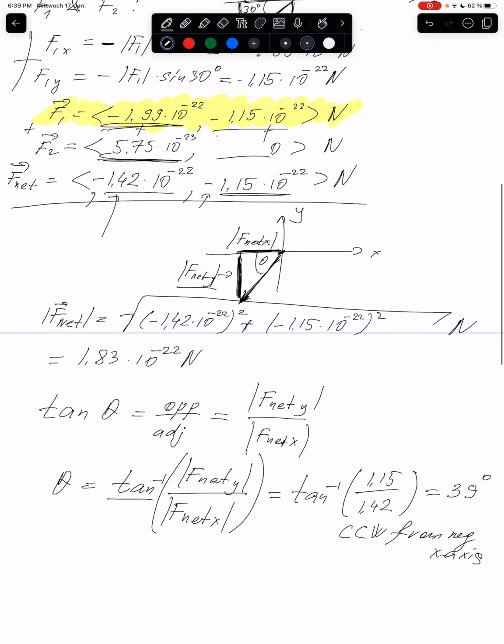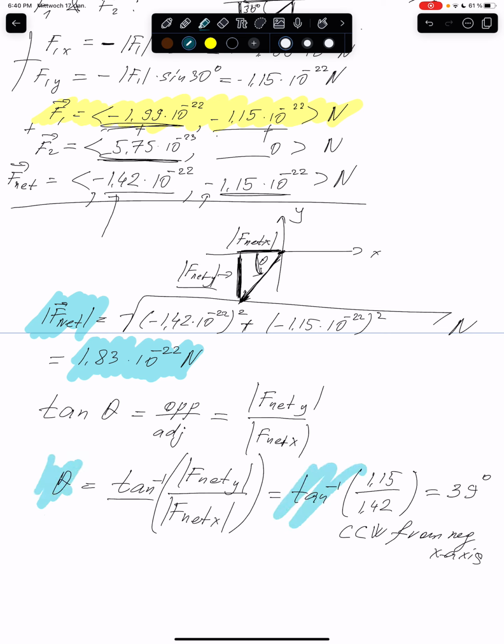So that's this angle over here, counterclockwise from the negative x-axis. So this is our answer now. Let's highlight it over here. We found the net force, its magnitude, and we found its direction. And that's the answer.